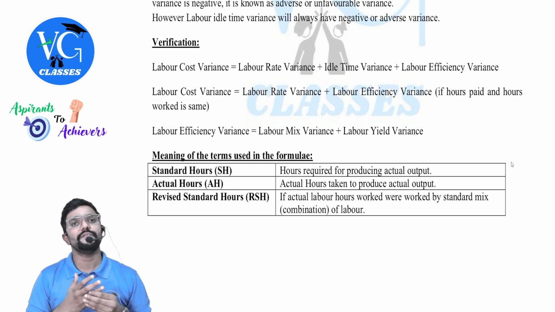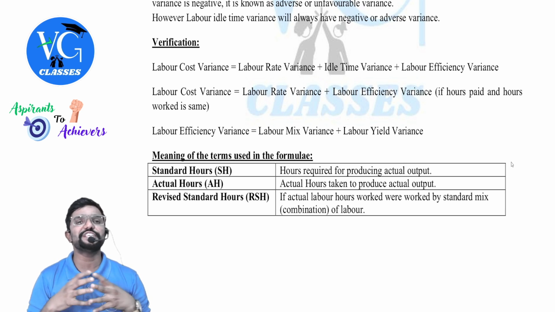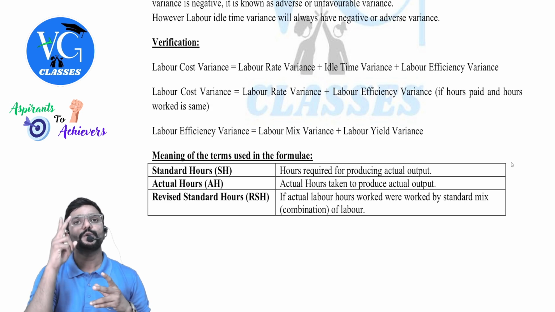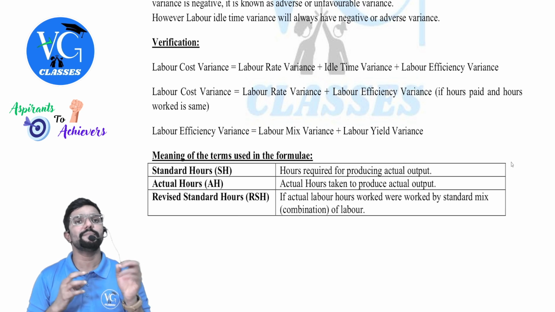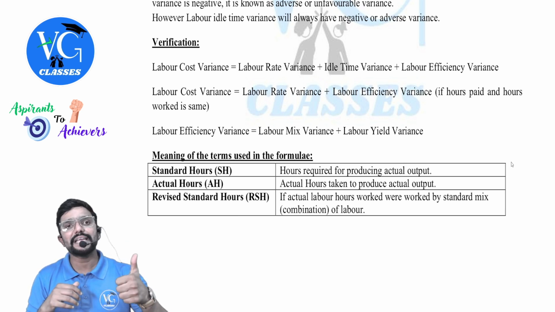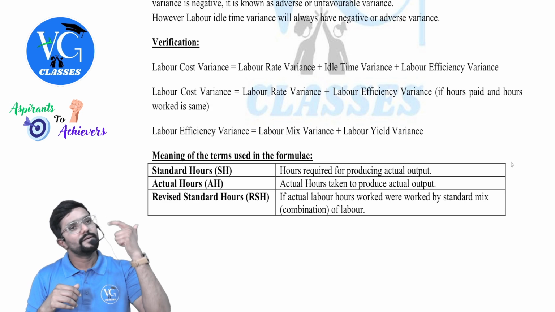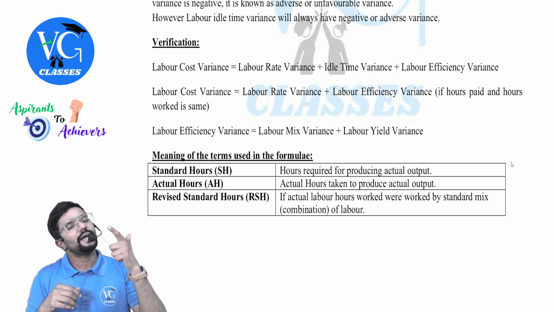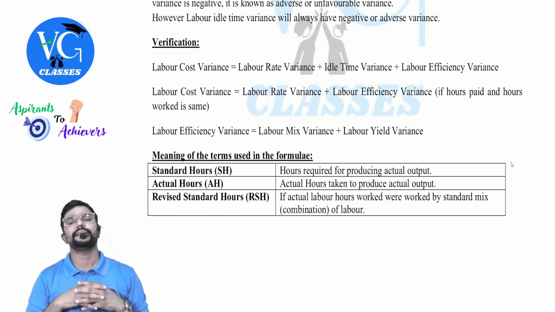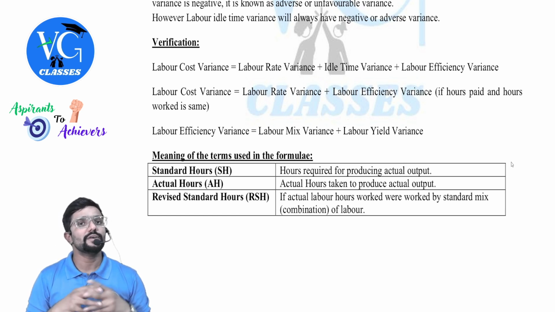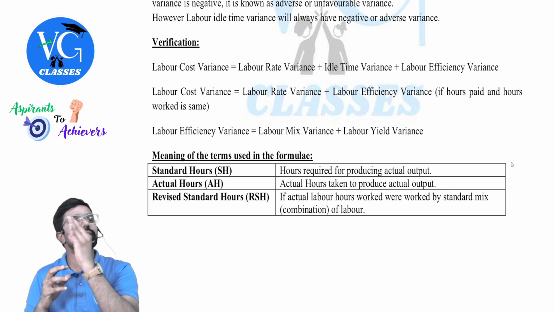Now, labor efficiency variance is subdivided into two, mix and yield. What is the formula for labor mix variance? Revised standard hours minus actual hours worked into standard rate. How do we derive revised standard labor hours?